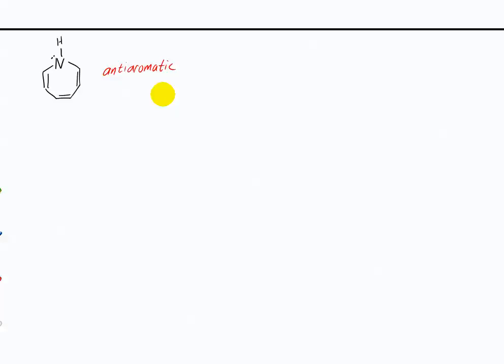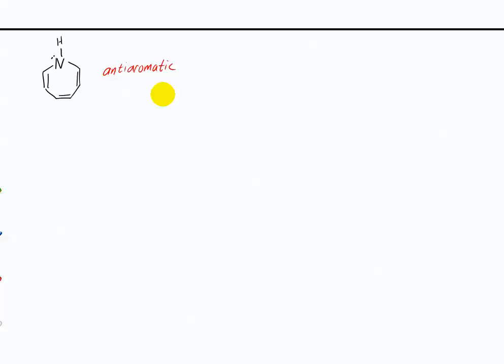Yeah, but you only get to that conclusion by first realizing that if it were flat, it would be anti-aromatic. Sure. But at least the section describes it as you're supposed to rationalize this as being non-aromatic because it will adopt a non-flat shape.